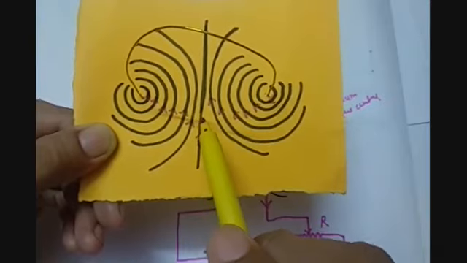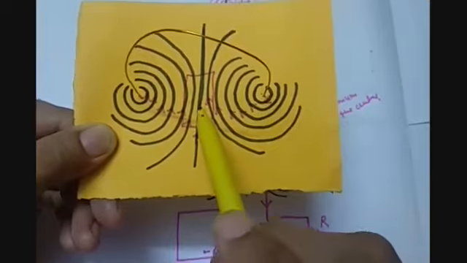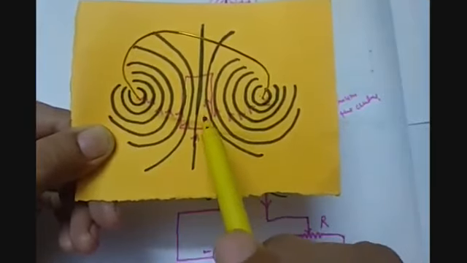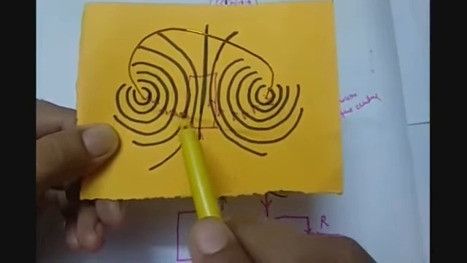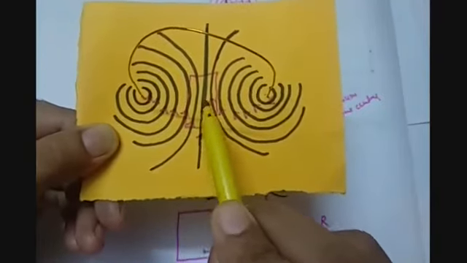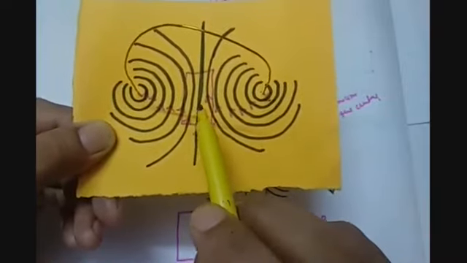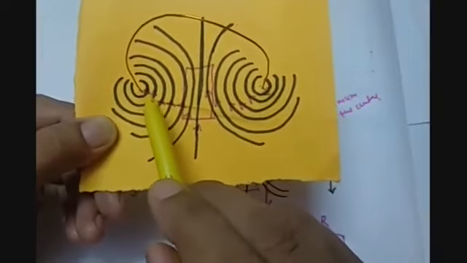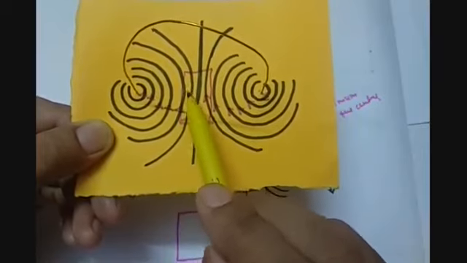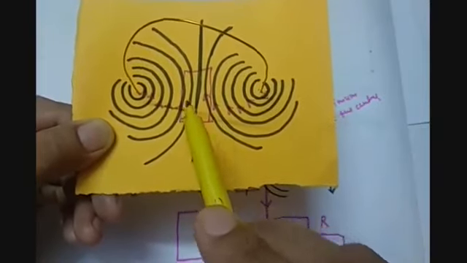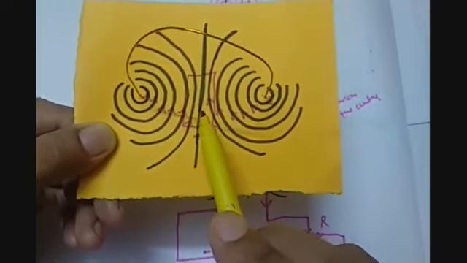So we can say that the maximum strength of the magnetic field is at the center of the circular loop, and the magnetic field strength is almost uniform at the center. Here you can also see that as we go away from the conductor, the gap between the concentric circles increases. So here we have the maximum magnetic field strength.